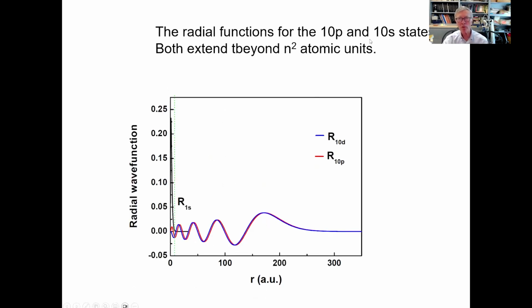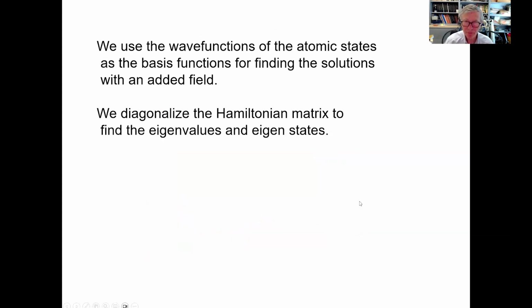So these are n equals 10 radial functions for P and S. And as you can see out here at large distance, they look pretty much the same. And they go out to something like, well, in this case, almost 2 times n squared. Okay, so what I would like to do is to use the wave functions for these atomic states as the basis functions to find solutions when I add a field.